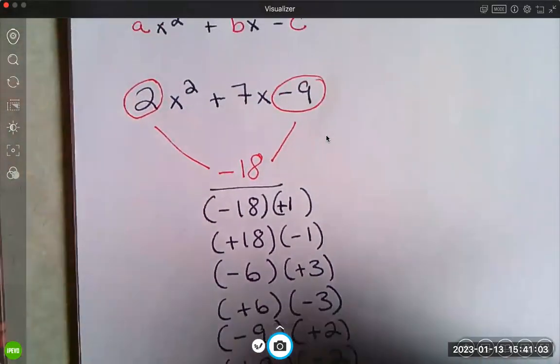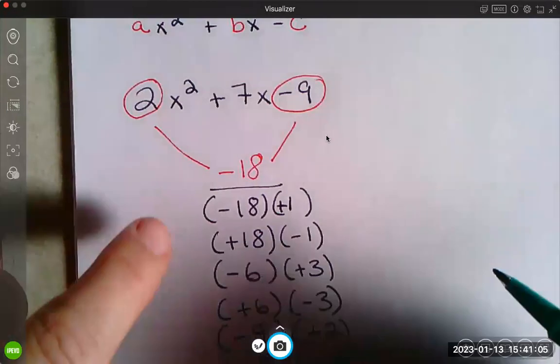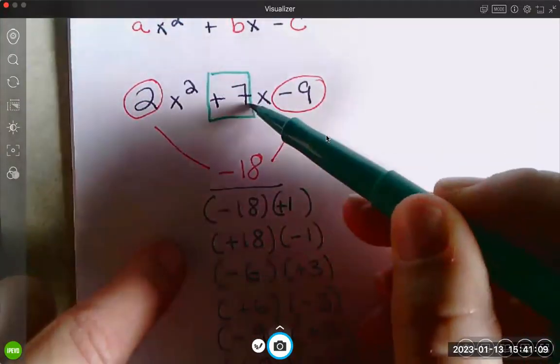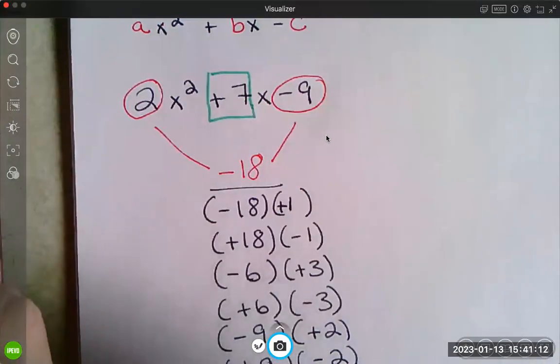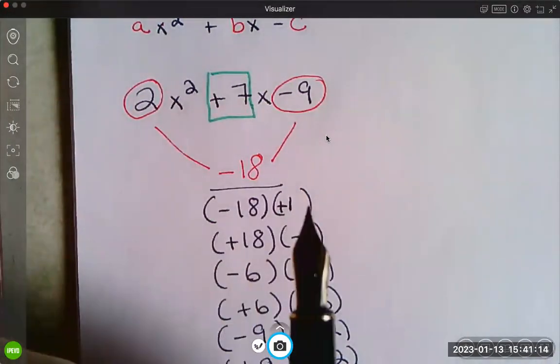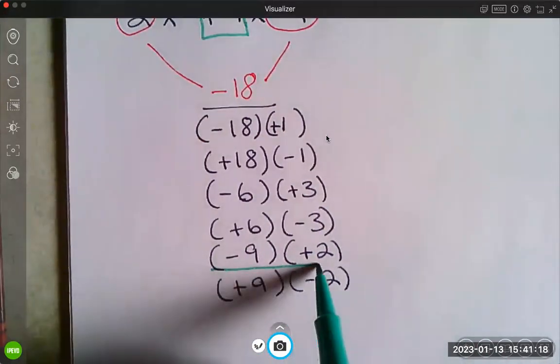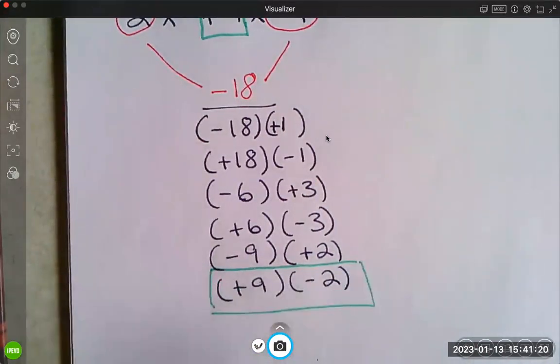But which of these factor pairs, when added, equals +7? Well, only one of them, and that's going to be +9 plus -2 equals +7.